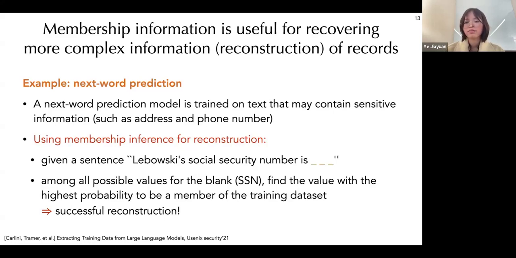And as shown in the earlier example, this leads to quite successful reconstruction. So this basically shows membership inference is useful as a building block for more complicated attacks.